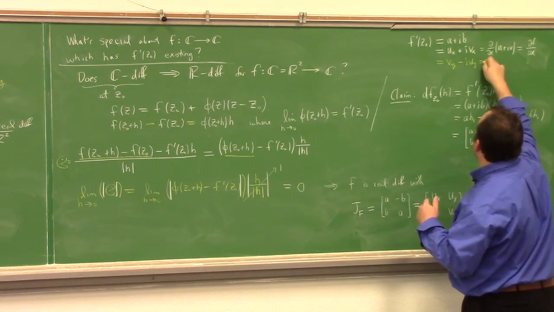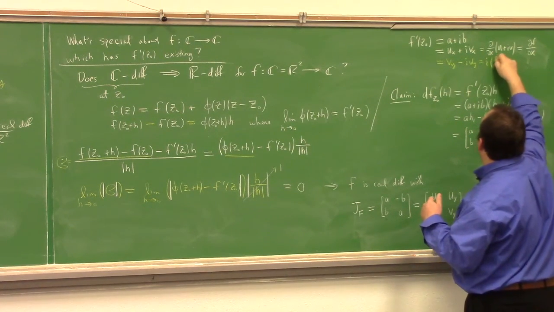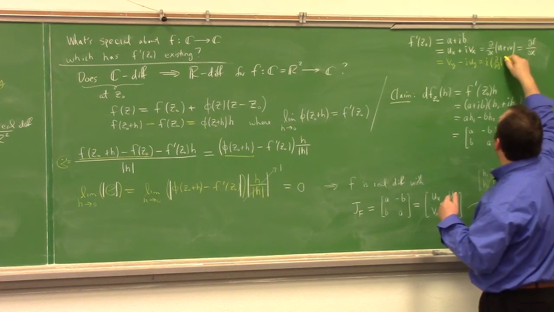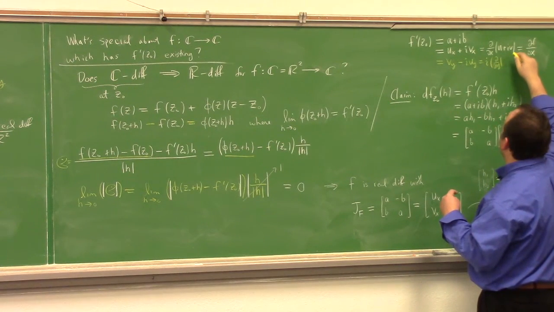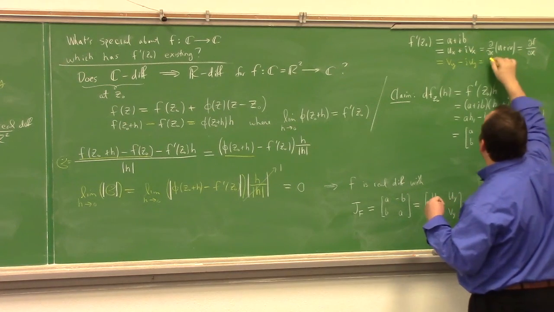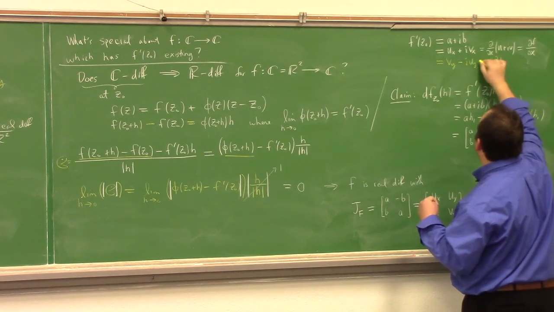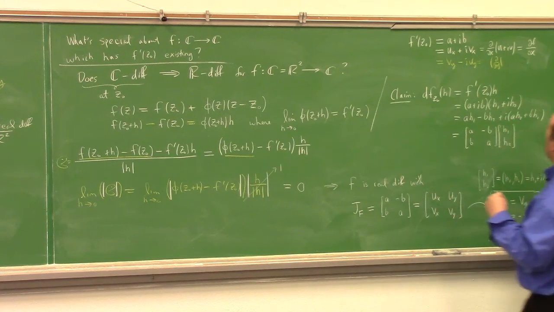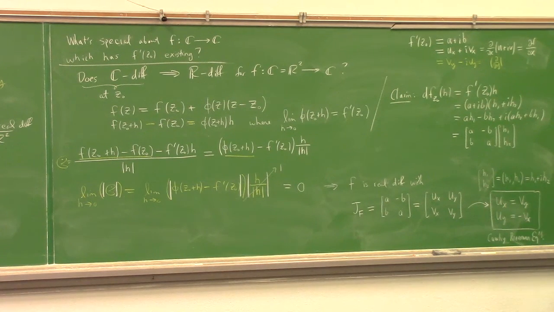And if you want, you can factor an i out and have partial y of... Sorry, something feels wrong. I think that was supposed to be plus i. vx is minus vy, minus uy?